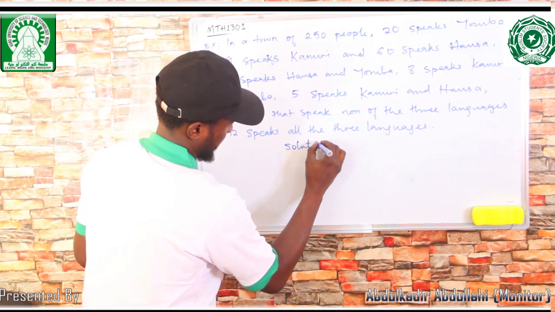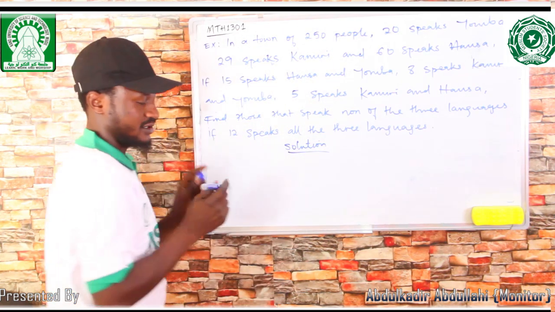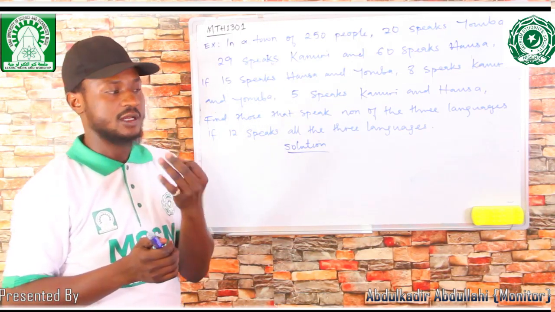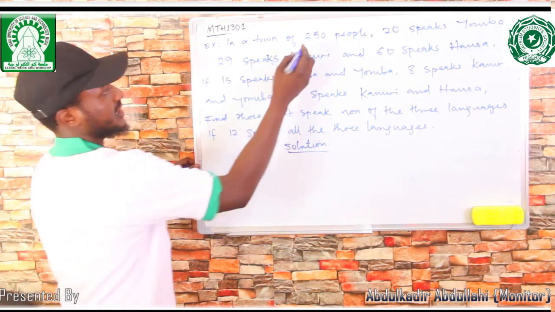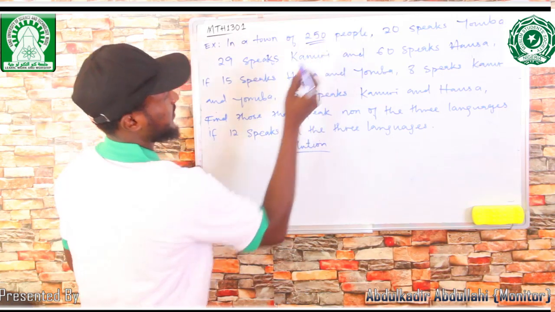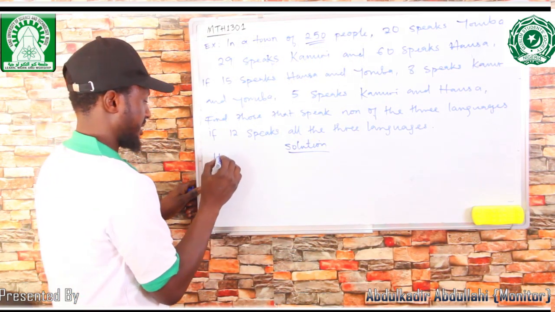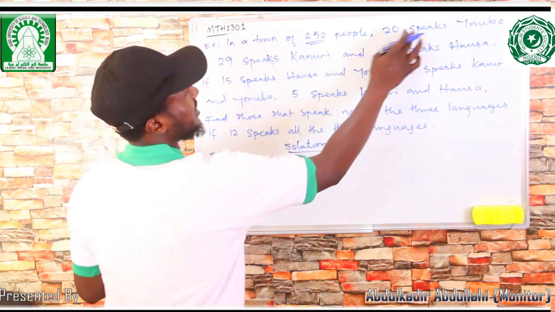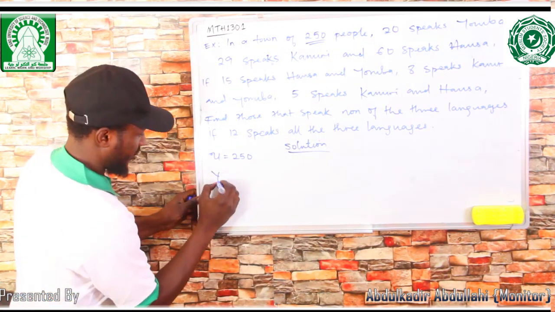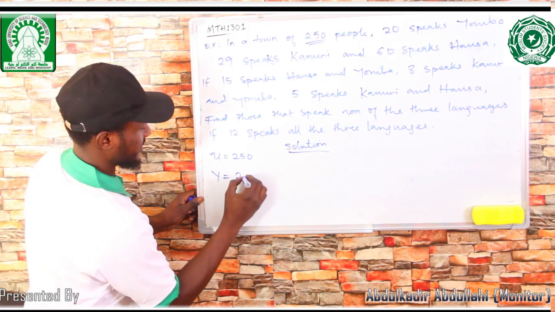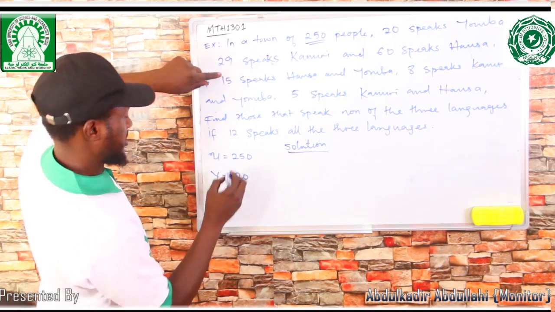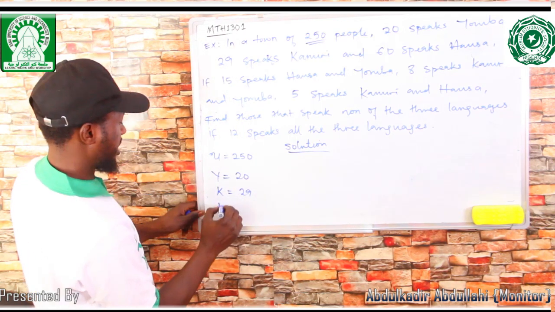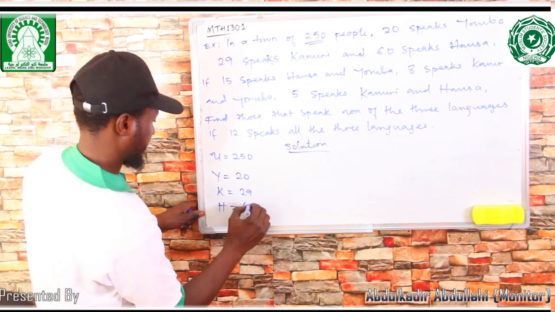Solution. If you see, it's just a set of 3. That is speaking Hausa, speaking Yoruba, and speaking Kanuri. Now collecting the data, the universal set is 250. I will let Yoruba be Y, which is given as 20. Also, Kanuri K is 29, Hausa H is 60.